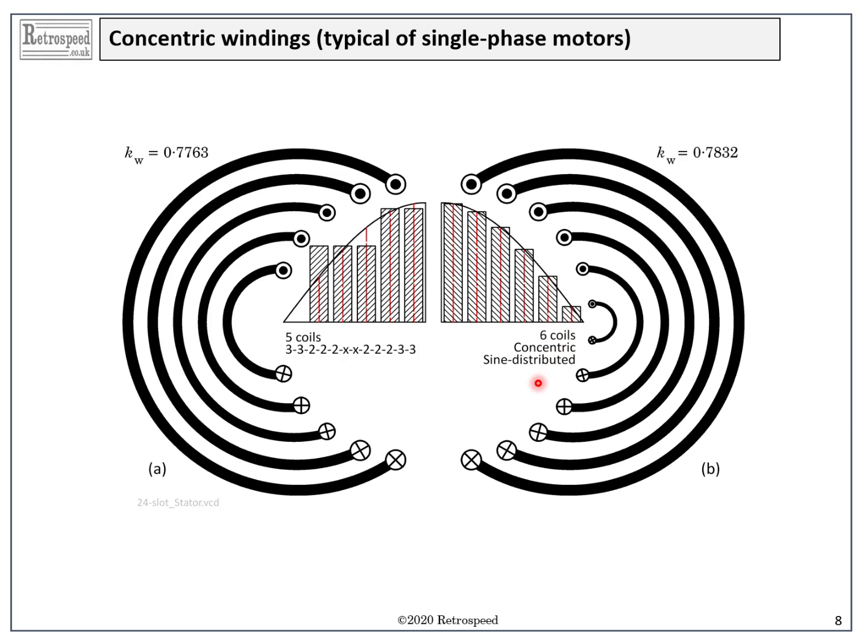By the way, at the top we can see the fundamental winding factors, and it turns out that the winding factor of the practical winding is almost as good or almost as bad as that of the sine-distributed winding. Both of them are rather low, but we're digressing.